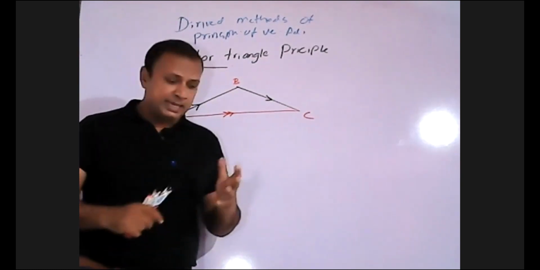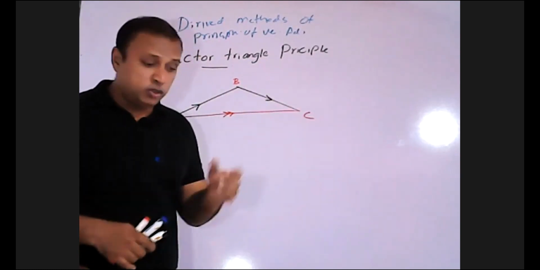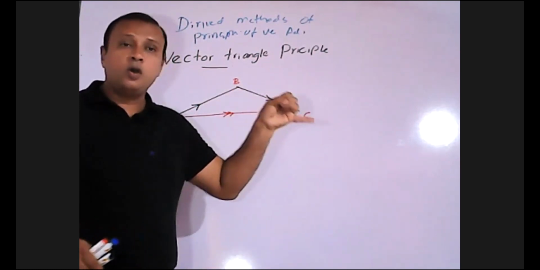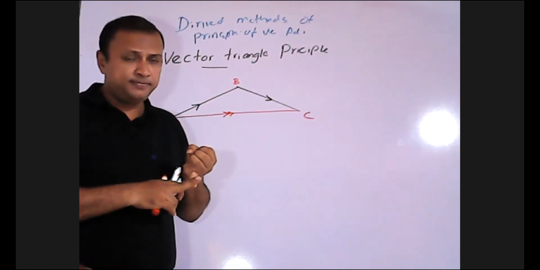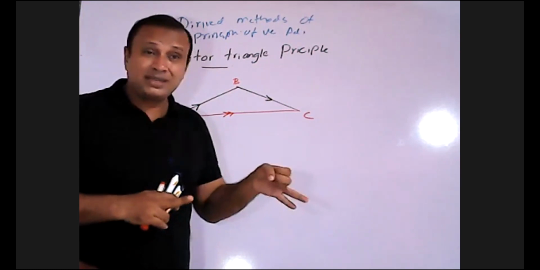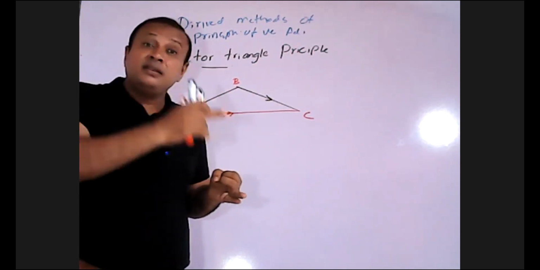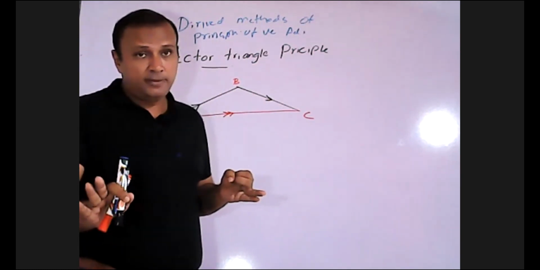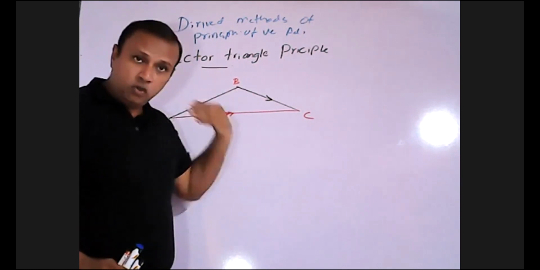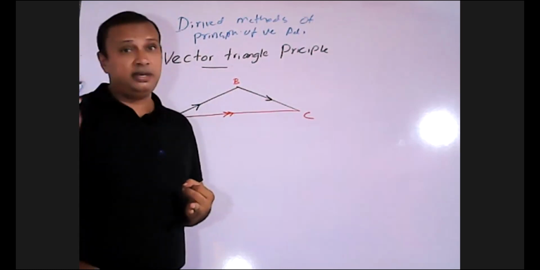So in that case, you have to use two coplanar vectors. That is the first condition. The other condition is you have to represent these two vectors by two sides of a triangle in magnitude and direction.